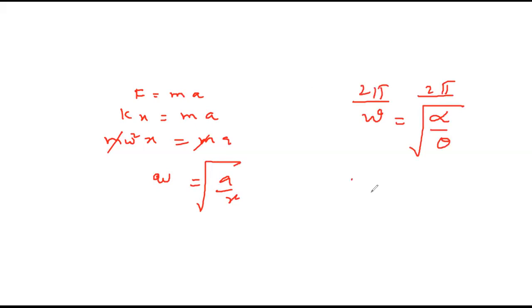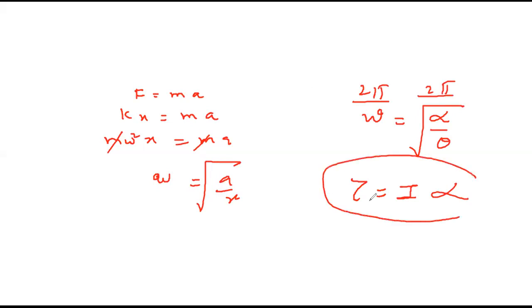What is torque for a rigid body? Torque is I alpha. This we have done in rotational dynamics. Now I start the derivation. Consider a bar magnet placed in a uniform magnetic field of induction B bar.